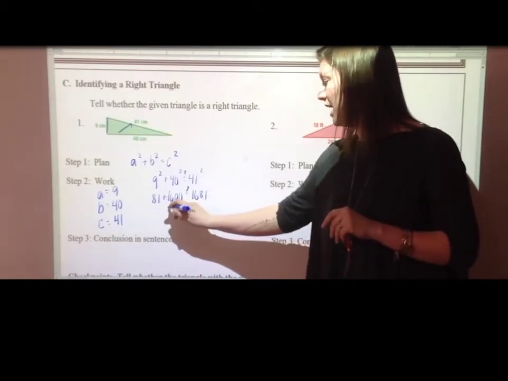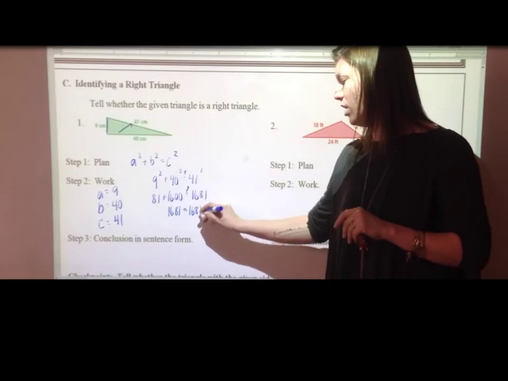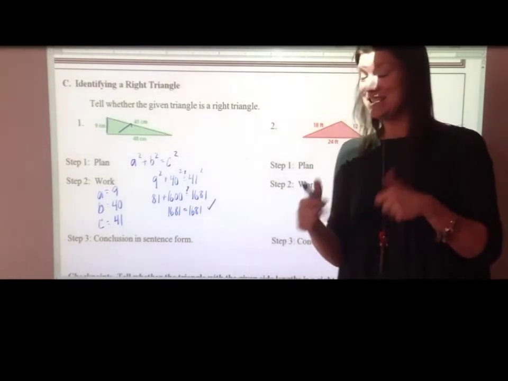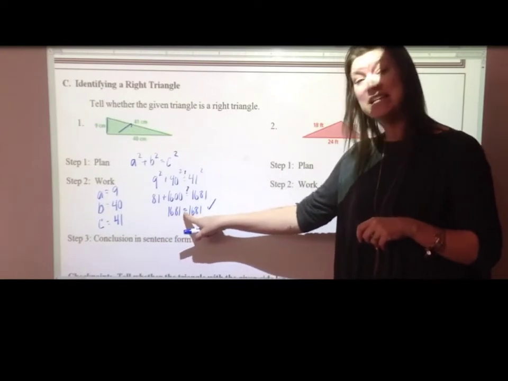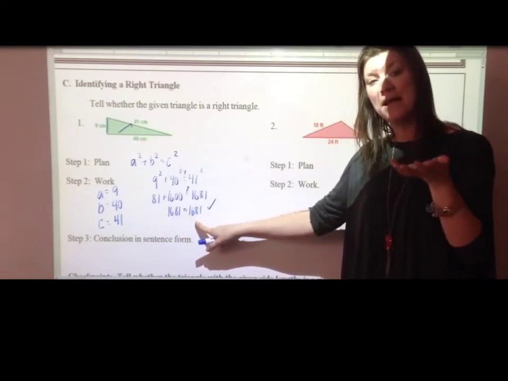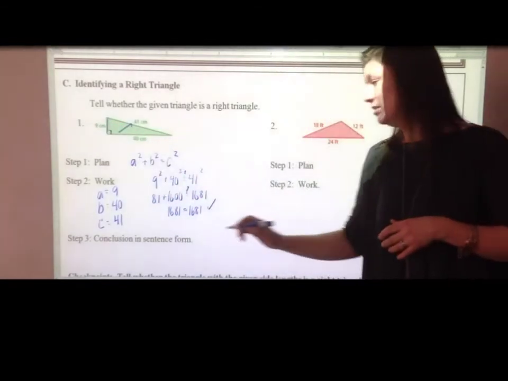So now when we go down, we get 1681 is equal to 1681. It's no longer a question, it is. So 1681 is equal to 1681, so what's my conclusion? My conclusion is that this angle is a right angle.